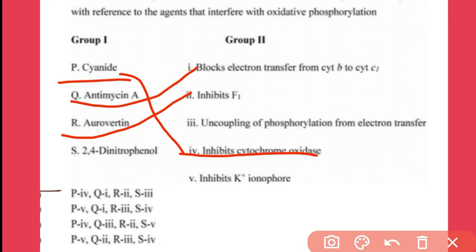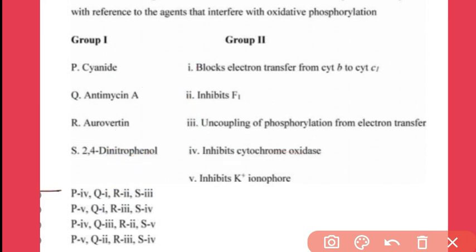Due to DNP, instead of producing ATP, the energy of the proton gradient is lost as heat. So DNP is an uncoupling agent in the ETC. It uncouples phosphorylation from electron transport. So this matches with the third. So this combination is in option first. So the answer to this question is option A.